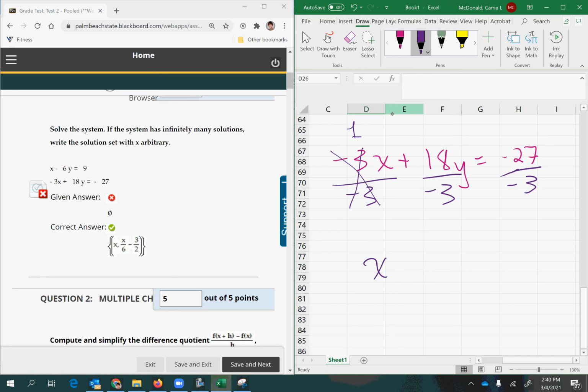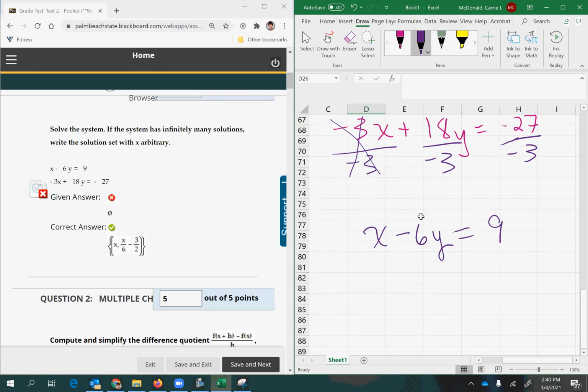So then you have x. Positive 18 divided by negative 3 is negative 6y. And negative 27 divided by negative 3 is positive 9. So would you look at that? That is the same as the first equation. So these are two lines that graph exactly the same way, so they share all points. Any point on one line is going to satisfy the other equation.